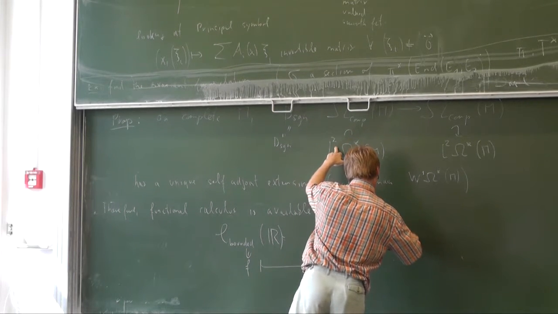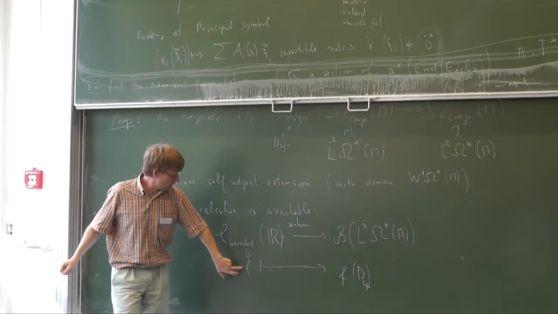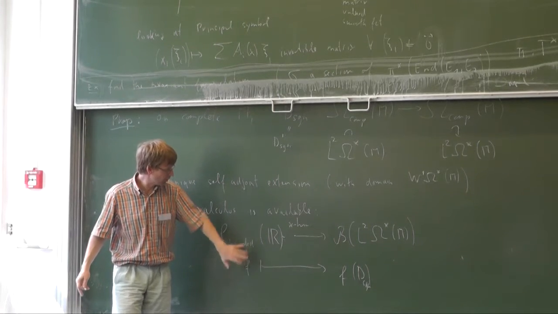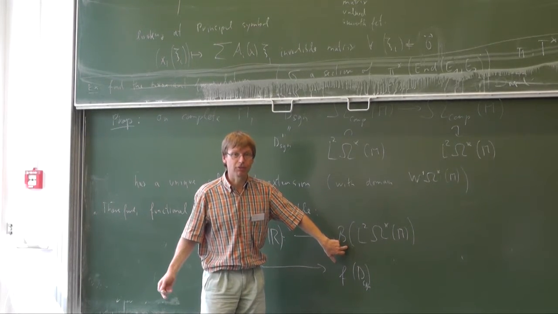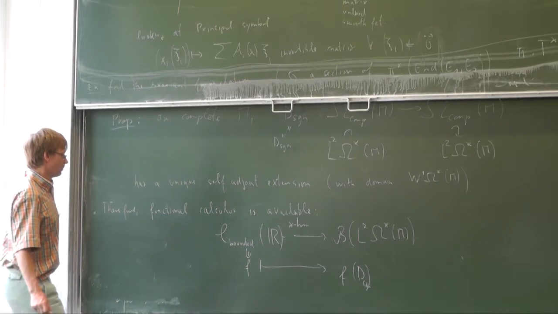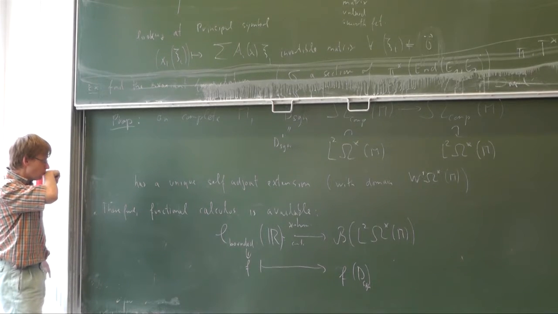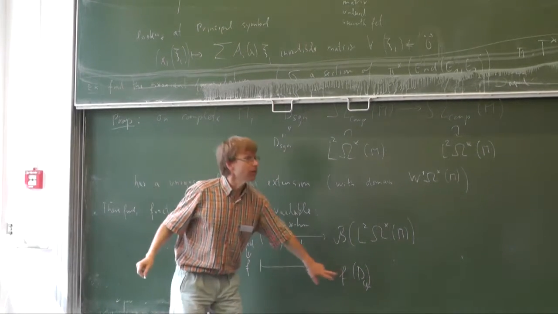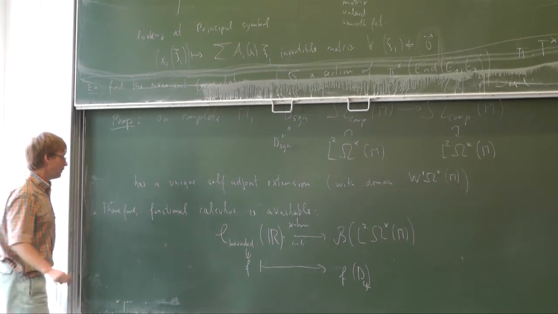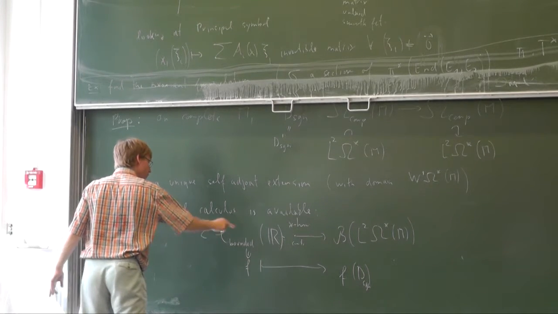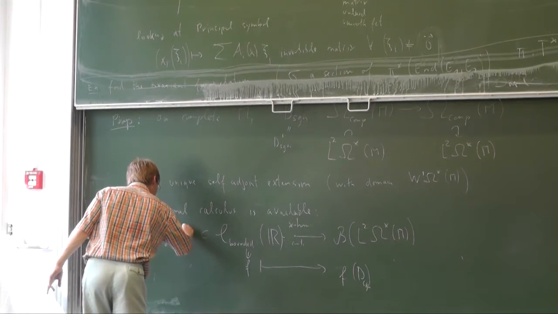And that is a star homomorphism, where here we have the multiplication and the complex conjugation to make this a star algebra, C-star algebra, and that is composition and the adjoint, which make this a star algebra. And it's also okay. So you will play a lot with these functions of the signature operator, and we'll do it even more than with bounded functions, with continuous functions which vanish at infinity.